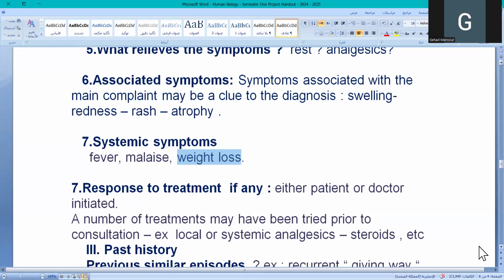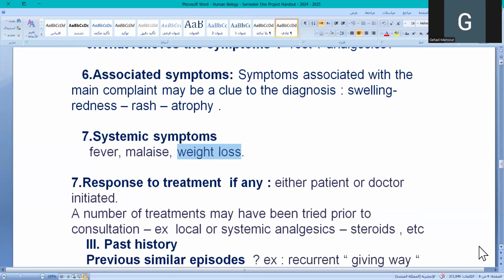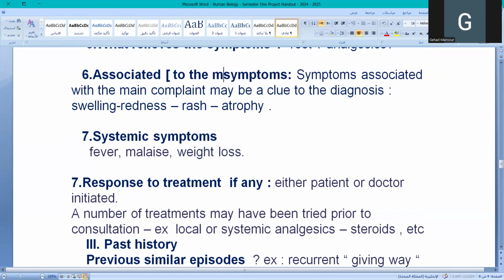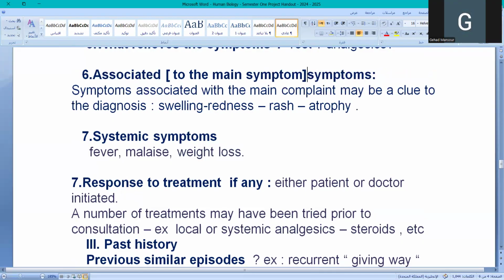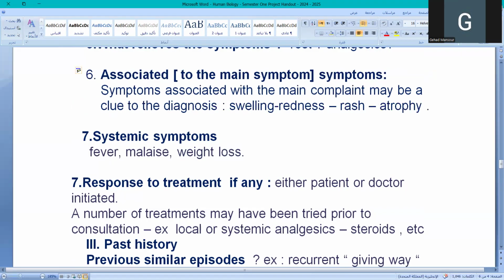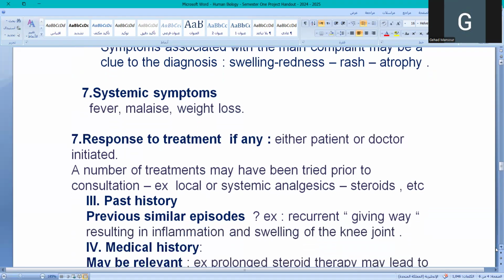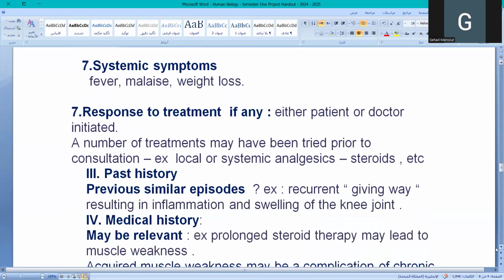So there is a difference between what we call the associated symptoms. Here we mean associated to the main complaint, which is essentially here muscular or tendinous or related to the ligaments. But there are other associated symptoms that are related to the rest of the body systems, which we call systemic or generalized symptoms.